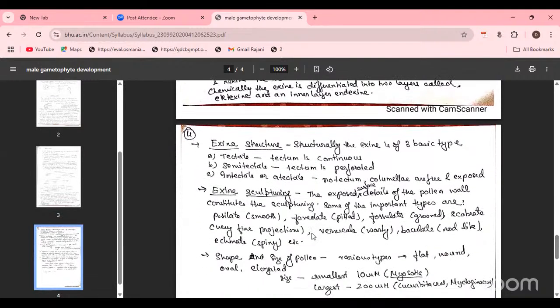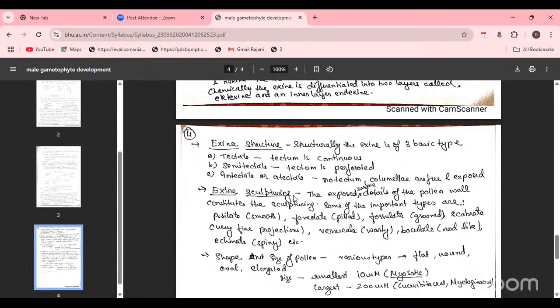Exine structure. Structurally, the exine is of three basic types: tectate, semitectate, intectate or atectate. Tectate is a continuous tectum layer. Semitectate has a perforated tectum. Intectate has no tectum, and the columellae are exposed.